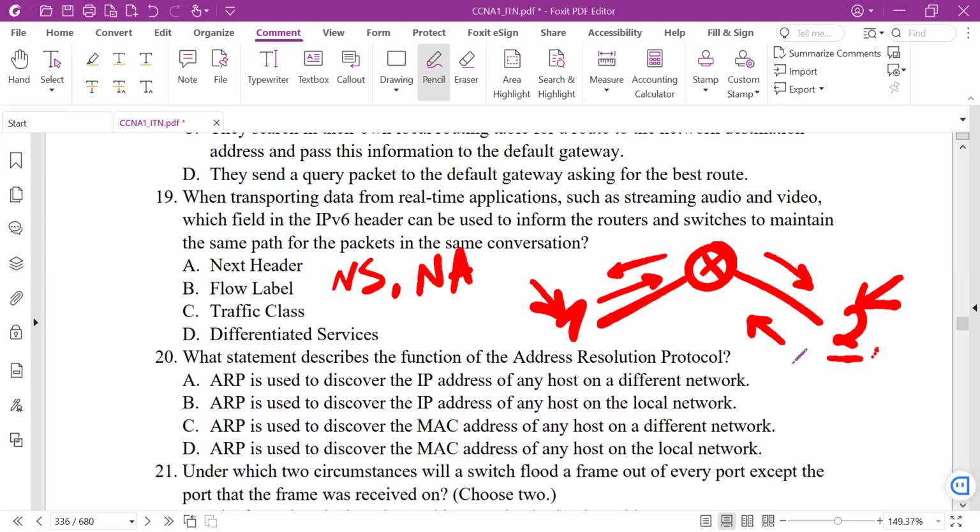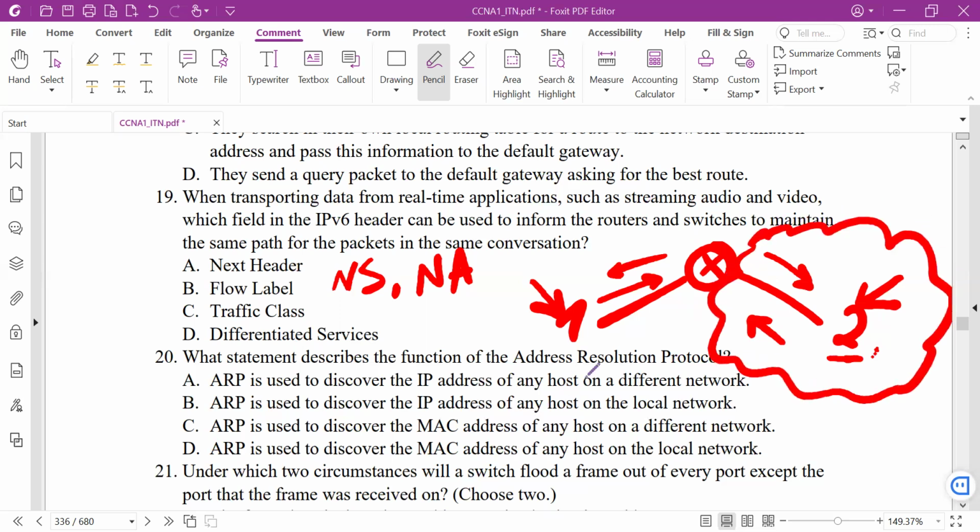I wanted to say that ARP is for version 4, and in neighbor discovery it's almost the same thing as well. So you see, neighbor solicitation and advertisement are still operating in this same network.